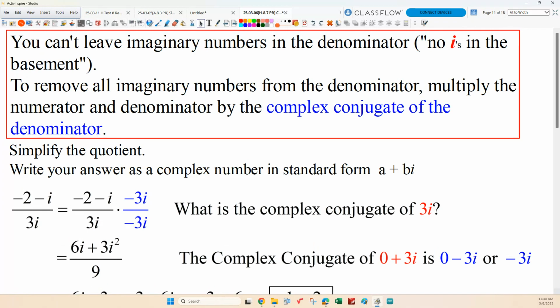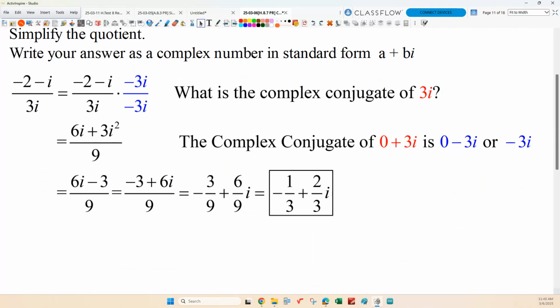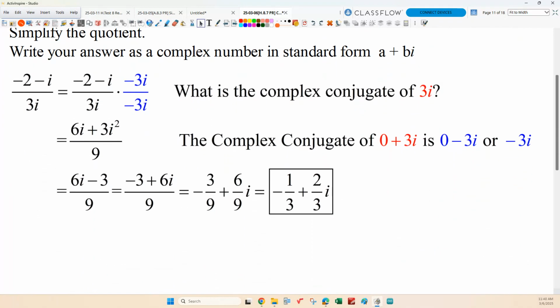So our trick is we always multiply top and bottom by the complex conjugate of the denominator. Well, this previous example, technically, what is the complex conjugate of 3i? If I write 3i as a complex number in standard form, what is it? 0 plus 3i, right? The real part is 0 plus the imaginary part is 3.